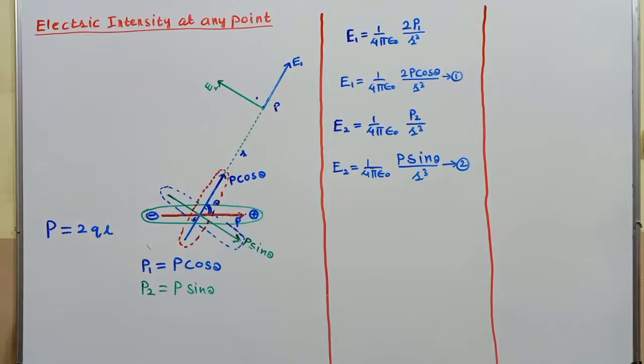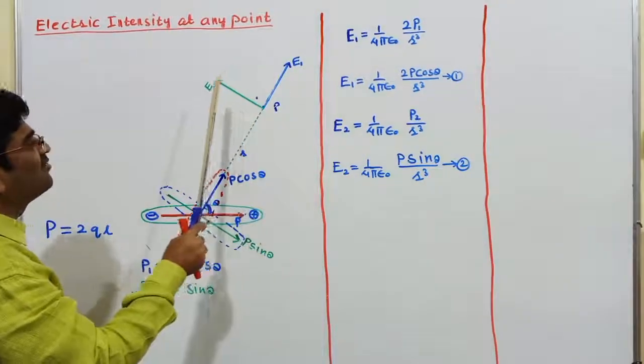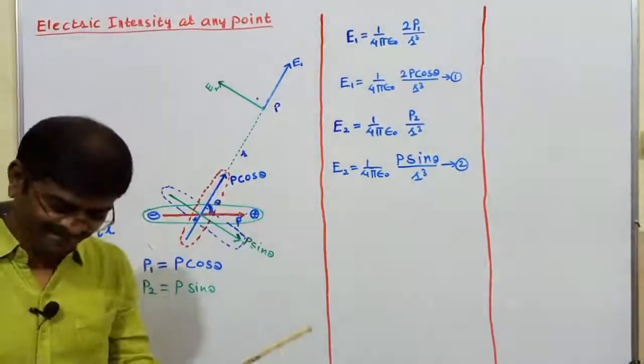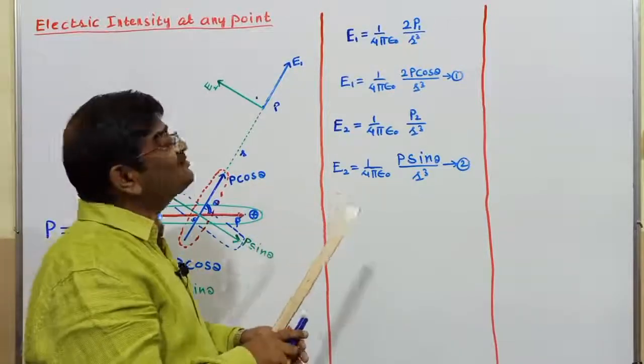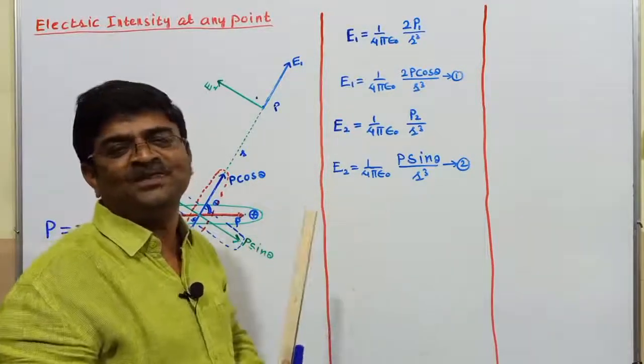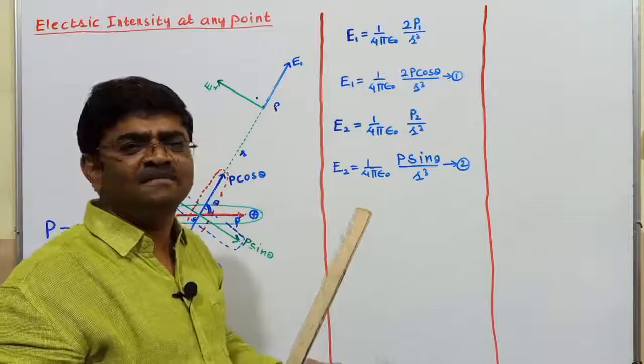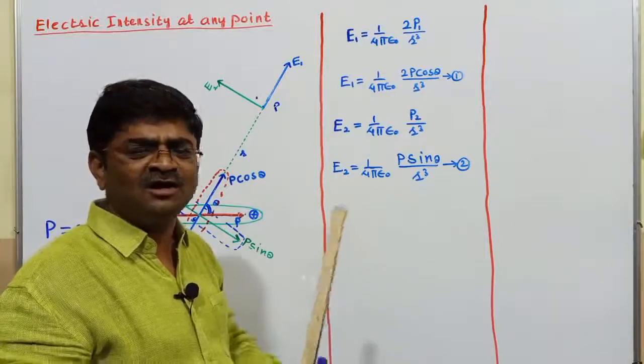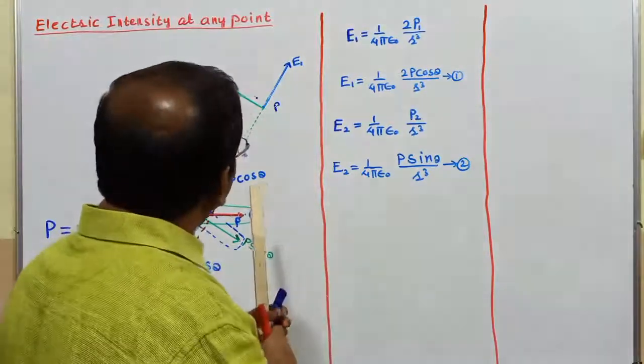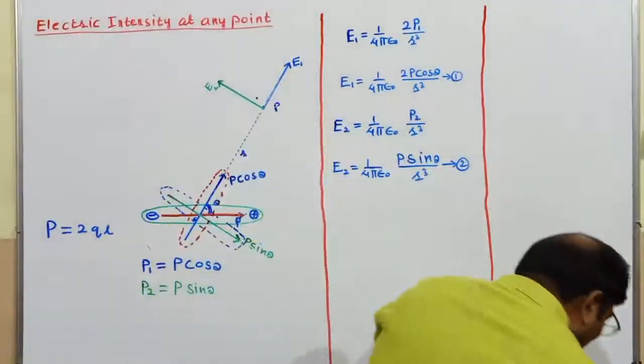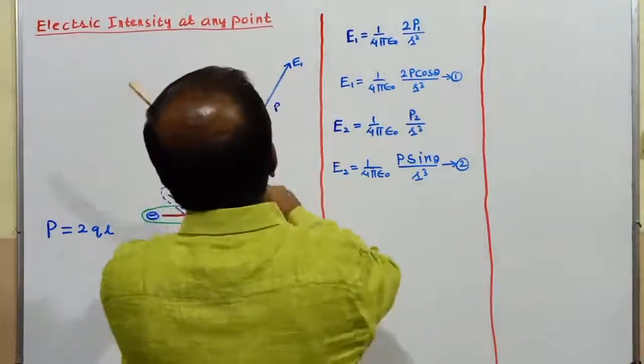I got the magnitude of E1, I got the magnitude of E2. Then the resultant of these two, I can get by parallelogram law. For that, I need to complete the parallelogram. So let me complete the parallelogram first.